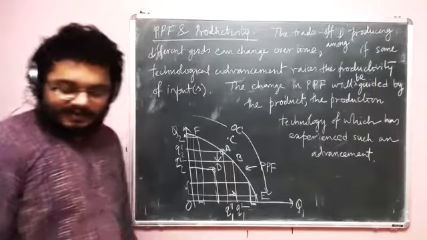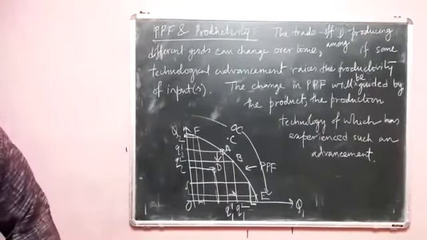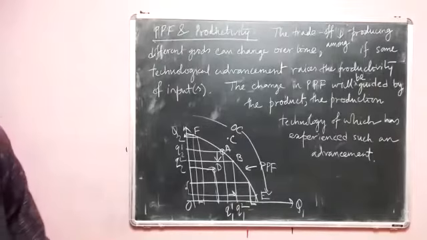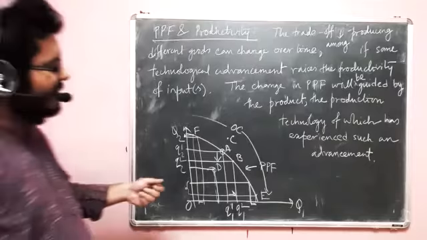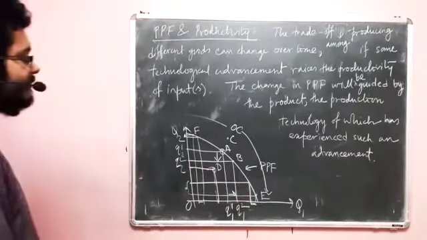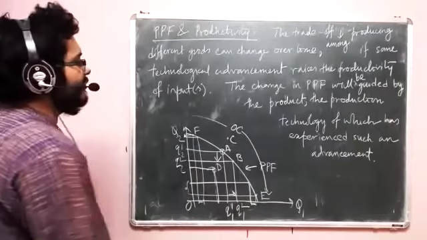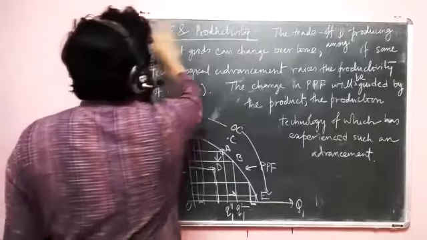That means the change in PPF will be different if good 2 experiences a technological advance. It will be different if good 1 faces that, and it will be different if both of them face that. So in that notion, let us just draw 3 very small diagrams.